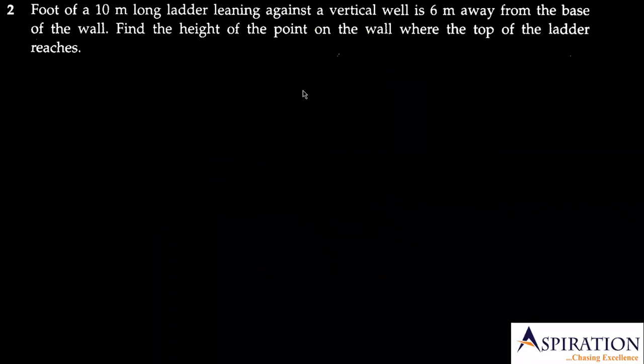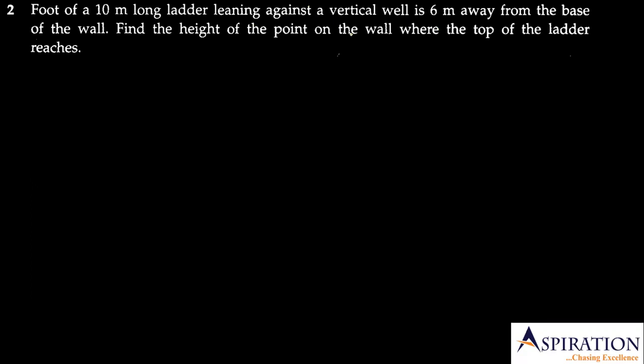The foot of a 10-meter long ladder leaning against a vertical wall is 6 meters away from the base of the wall. Find the height of the point on the wall where the top of the ladder reaches. So I have a ladder.